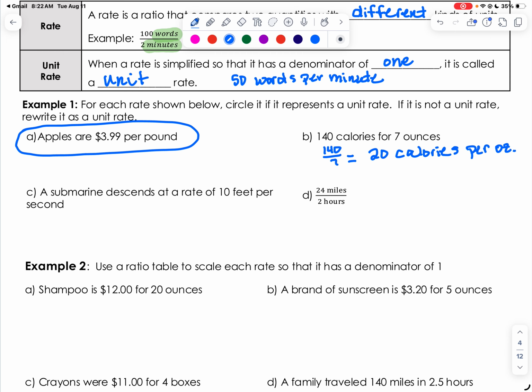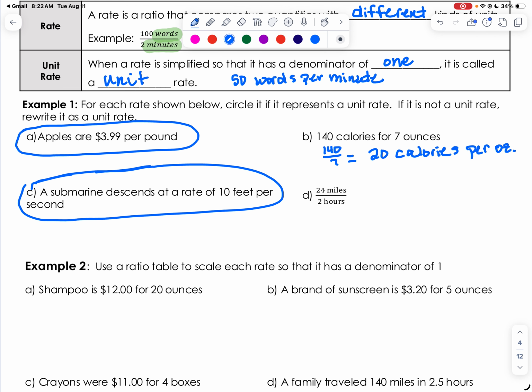C, a submarine descends at a rate of 10 feet per second. So this is an example of a unit rate. In 1 second, your submarine will descend or go down at a rate of 10 feet per 1 second. All right? 24 miles in 2 hours.